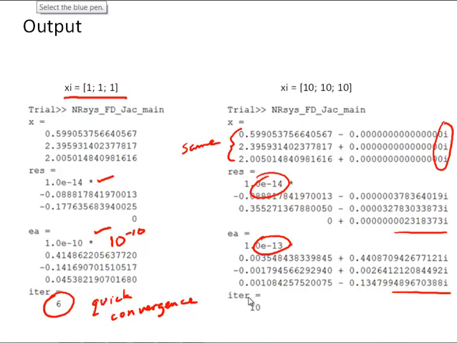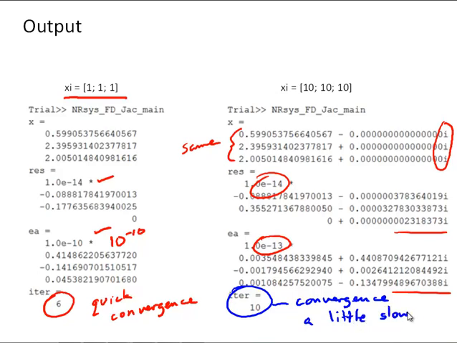Though one thing to note is because the initial guesses were farther away from the value, the convergence was a little slower. Still, 10 iterations is plenty satisfactory. So I'd encourage you to play with this example and maybe try some different initial guesses and see what else you can discover.